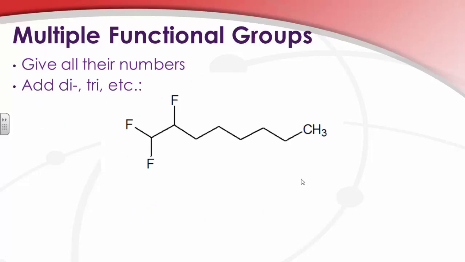Now you can have multiple functional groups, and what we do when we have that situation is we give all of the attachment points and just add a di or a tri or a tetra, whatever prefix we need. So in this case we have octane, and we can see there are 3 fluorines, so it's trifluorooctane.